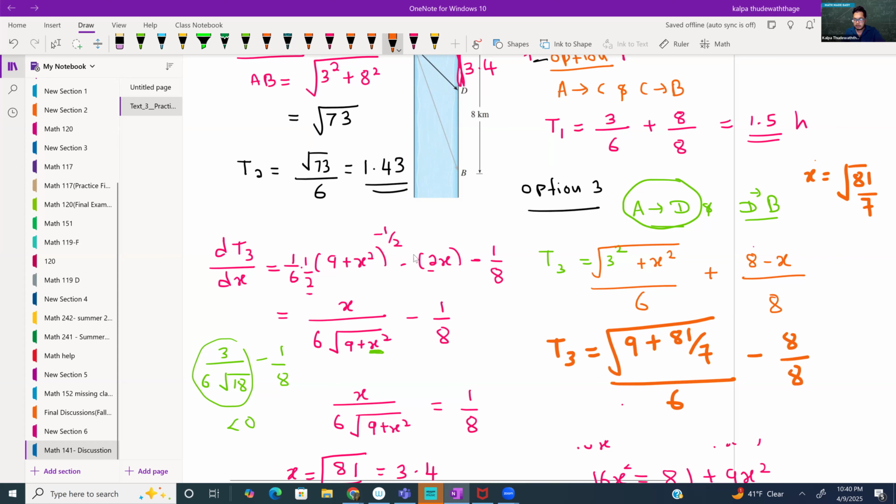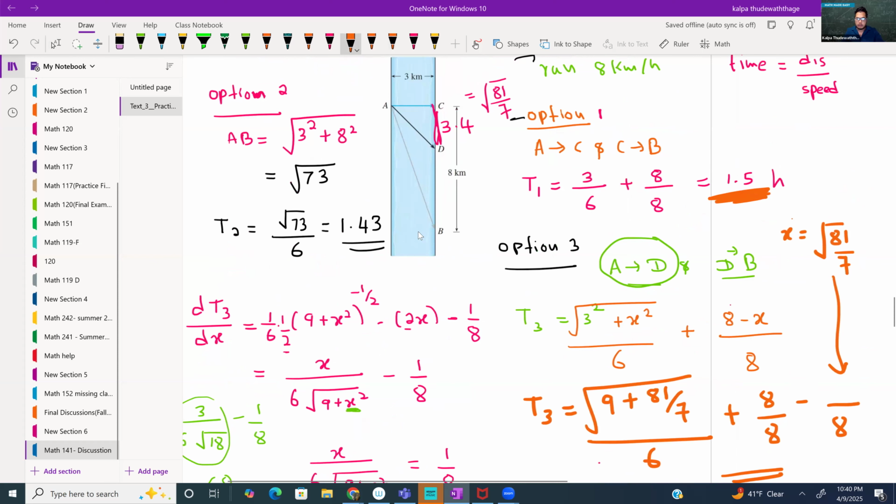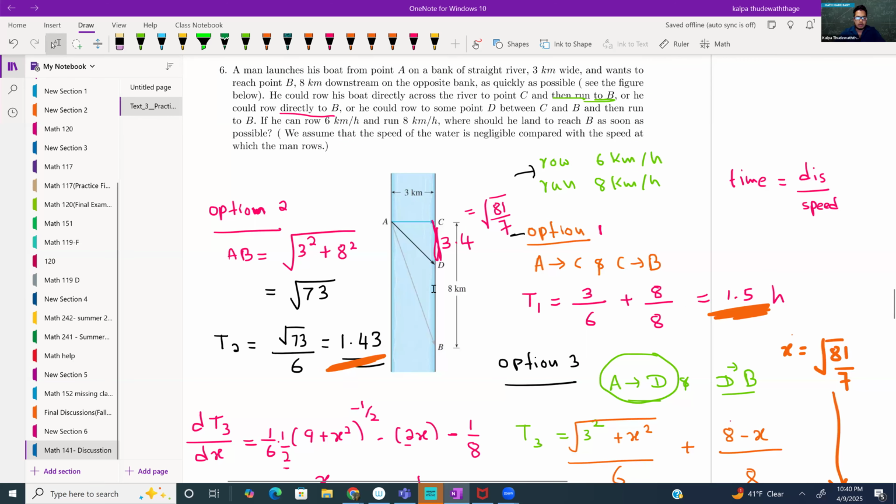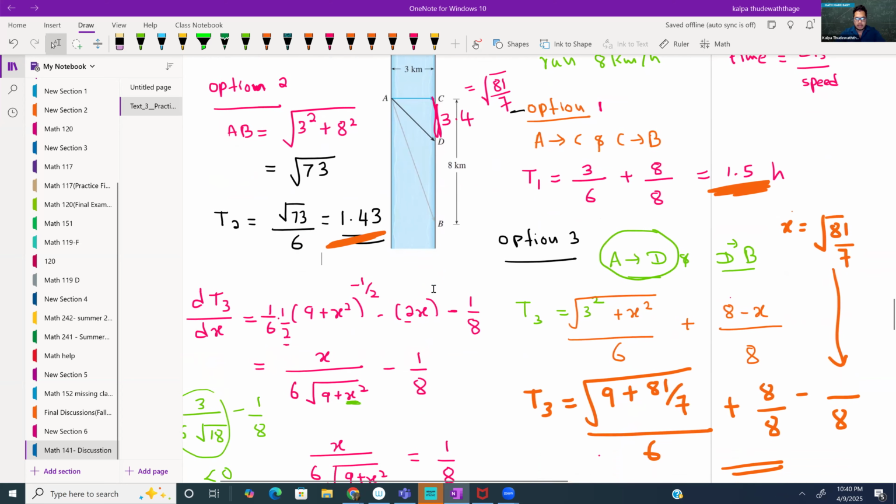This is a little bit of work, I know. But this number should be less than both of these numbers. You don't need to do that calculation, but you would get something less than that time. That's the point of all those calculations. We should get something less than both cases. The time will be minimum.